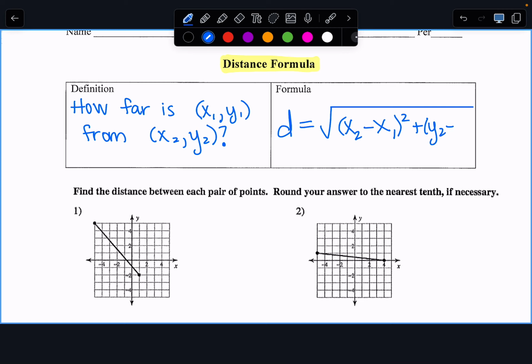How far apart are the y's, square it, and it's under a square root. As we went through in that little blue warm-up book thing, the Pythagorean theorem is what we're doing, but in the coordinate plane.